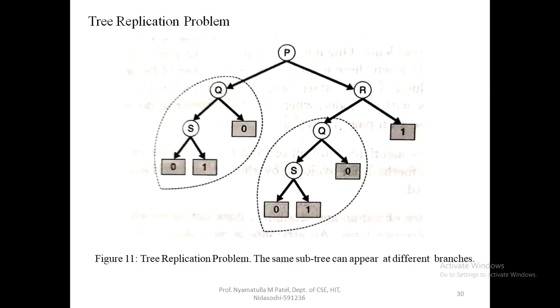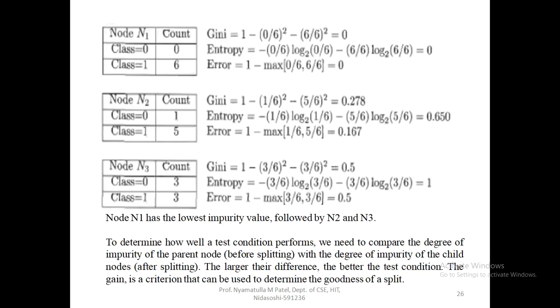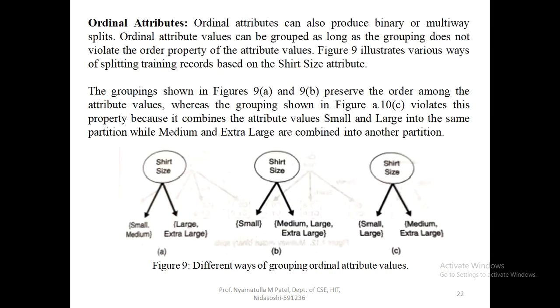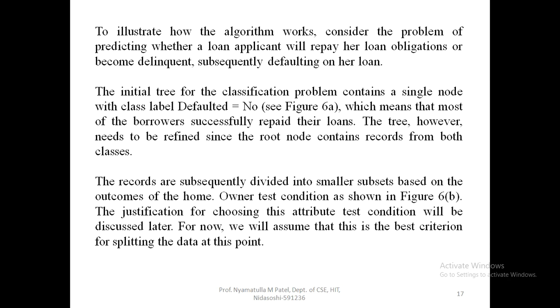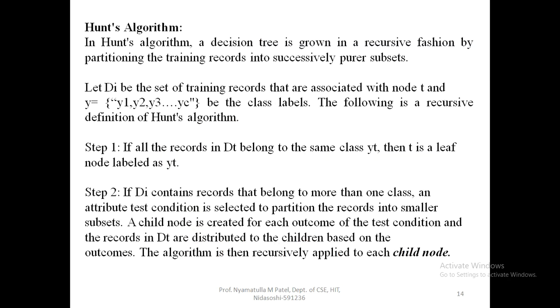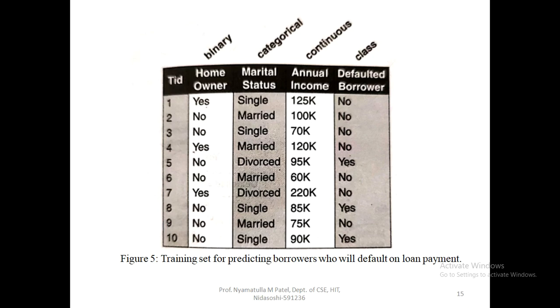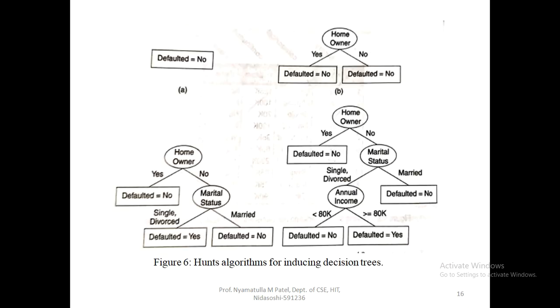This is sufficient for today's video lecture. In this video lecture we studied Hunt's algorithm, what Hunt's algorithm is and what the two different steps involved in it are. With the training set we took, we built Hunt's algorithm for decision tree induction.